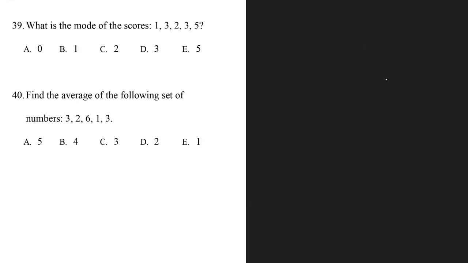Simple. Question 39 says what is the mode of the scores: 1, 3, 2, 3, 5? So the question is, what is mode? Mode is actually the data that appears most, or that has the highest frequency.